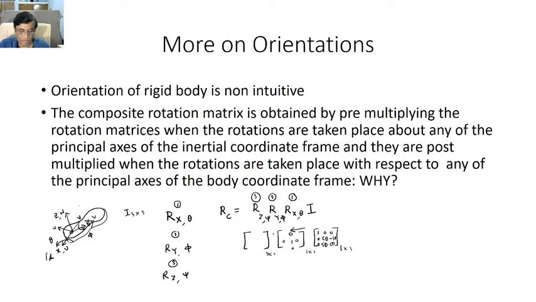Okay, so it will be cos phi, sin phi, and then minus sin phi, cos phi, like that. Okay, so this is the way you can write down, and then you will have to multiply them and you get the final description.